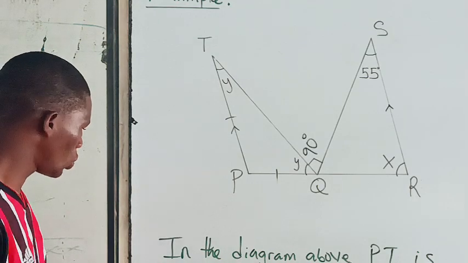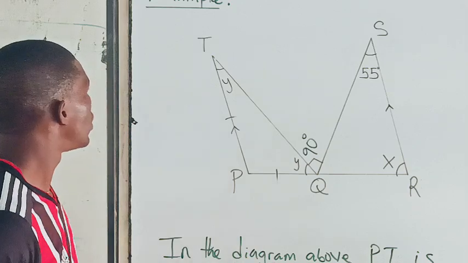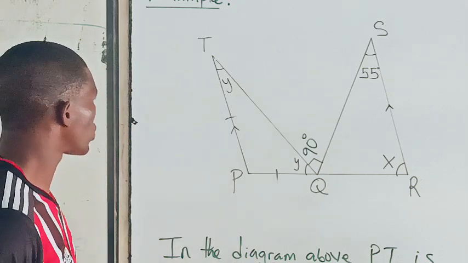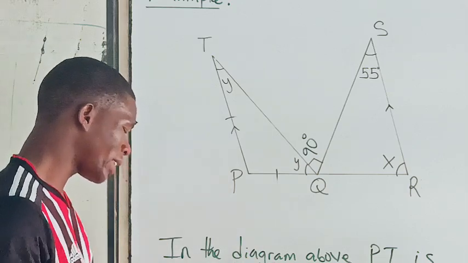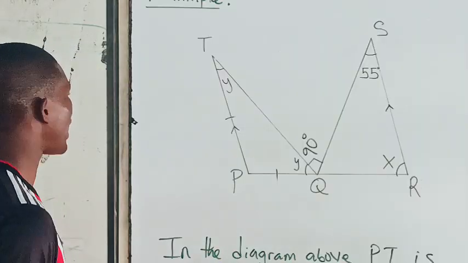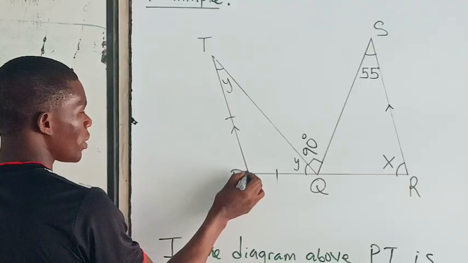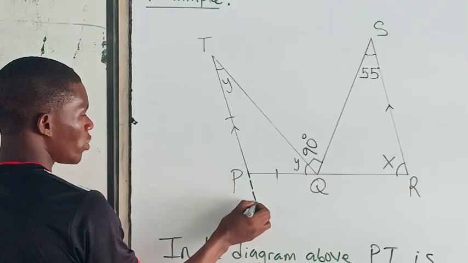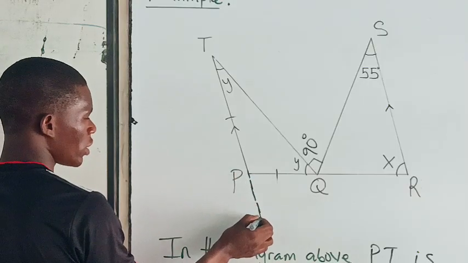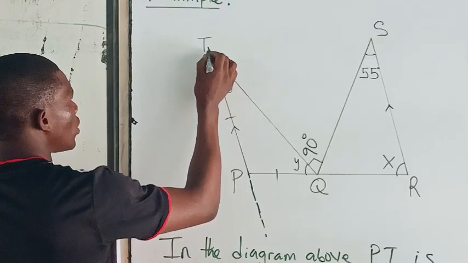So what is the first thing we do? I'll be checking the procedure here. The first thing I'm going to do is extend T and P to M and N. We extend them and make use of broken lines.